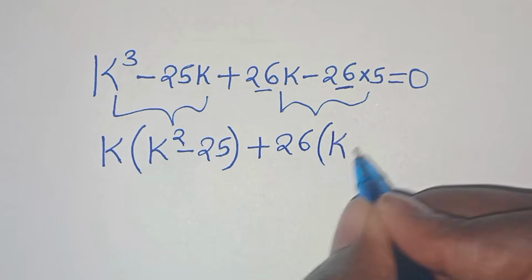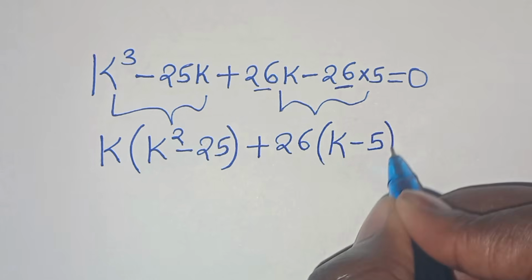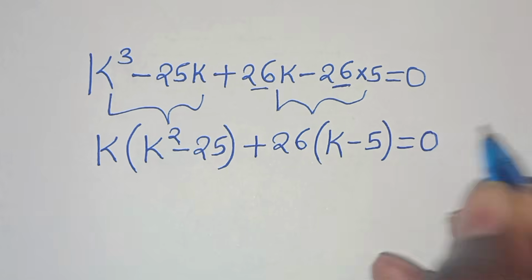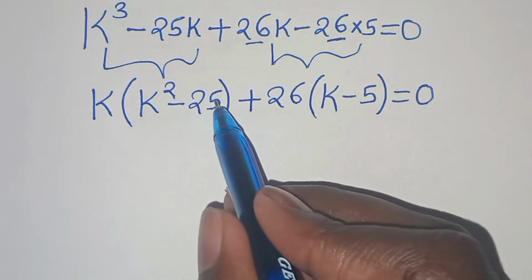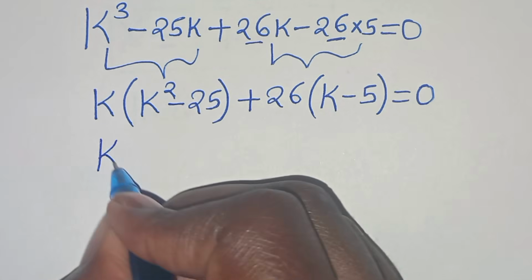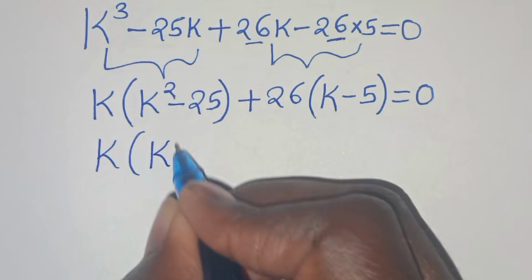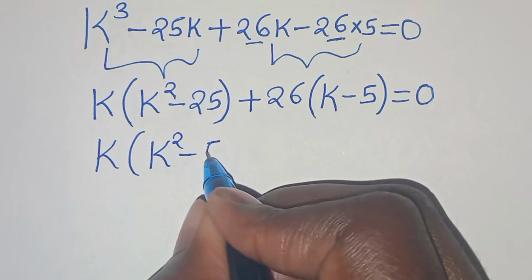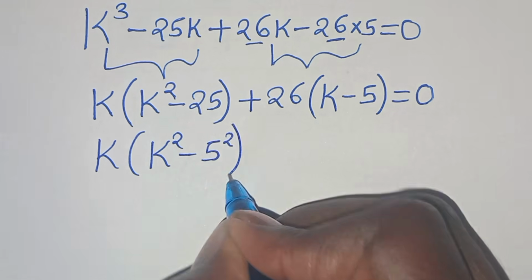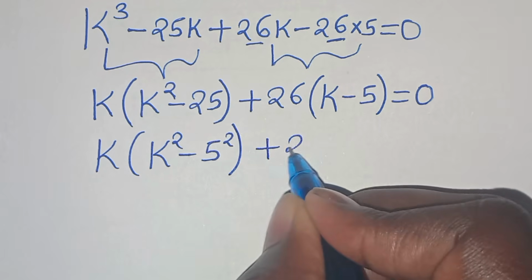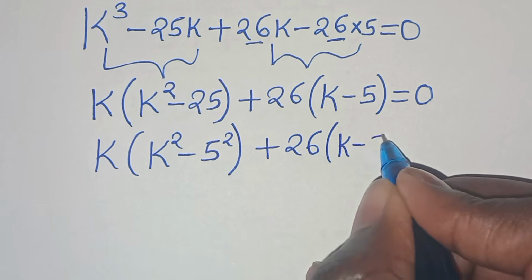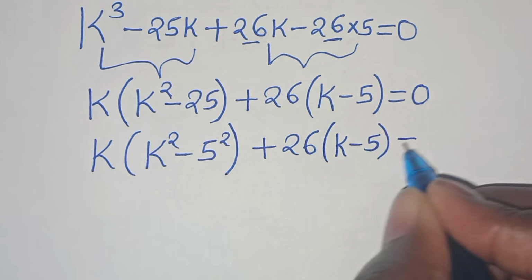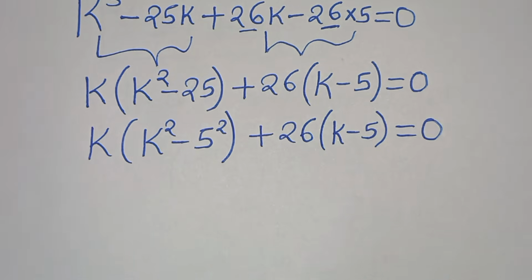This is k, subtract 5. This is equal to 0. The next step is that k squared minus 25 can be expressed as k to the power of 2 minus 5 to the power of 2, close the parenthesis, then plus 26, k minus 5. This is equal to 0.